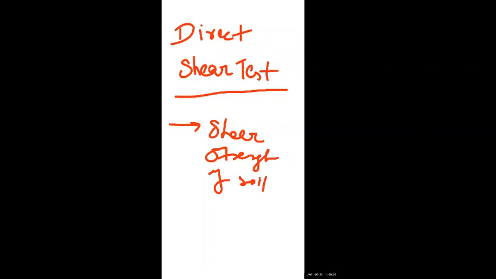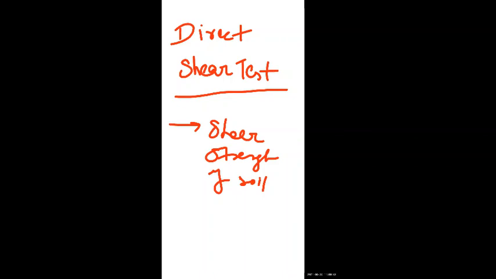The soil specimen that is to be tested is confined in a metallic box of a square shape and square cross section that is split into two halves horizontally, and a small clearance is maintained between the two halves of the box.